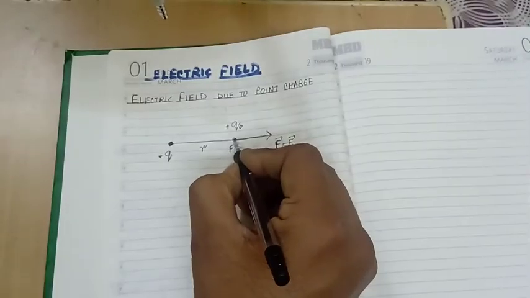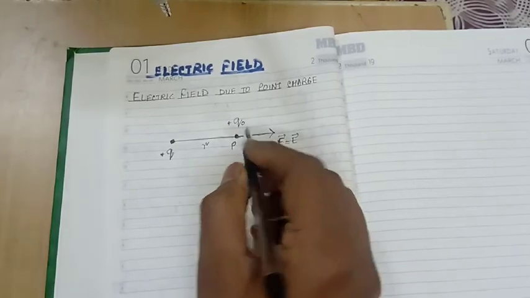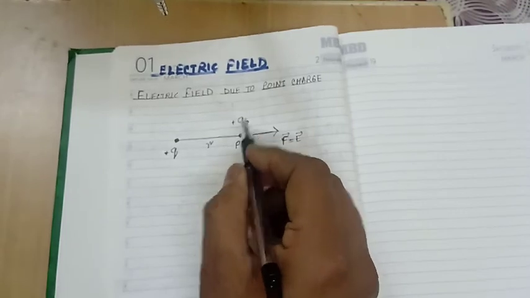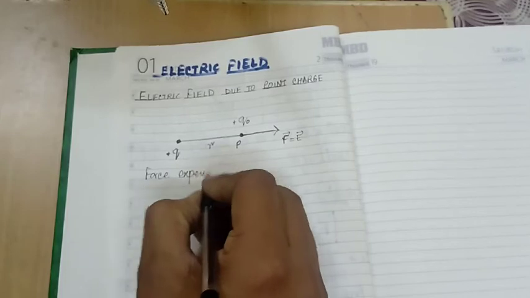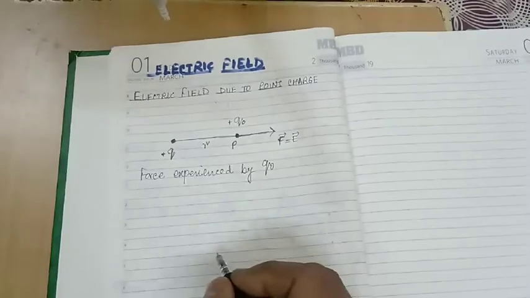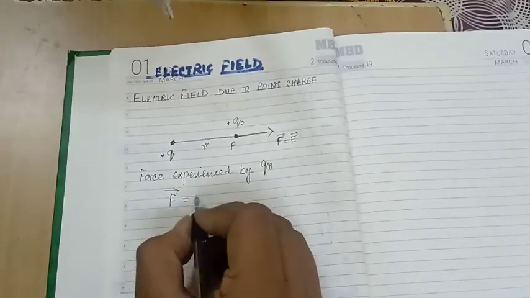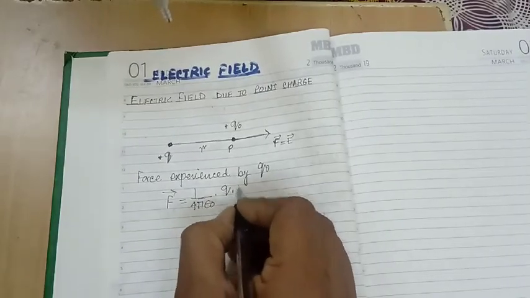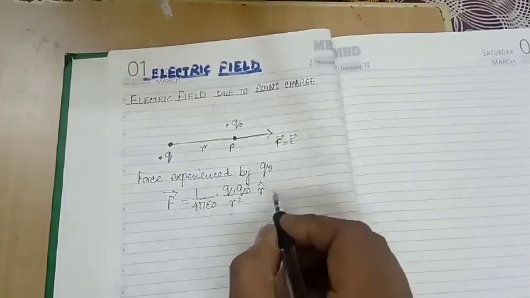To know the electric field strength at this point P, first we will find the force experienced by Q naught. The force experienced by the test charge Q naught is a vector quantity, equal to 1 upon 4 pi epsilon naught, Q Q naught upon R square, times unit vector R, by Coulomb force.